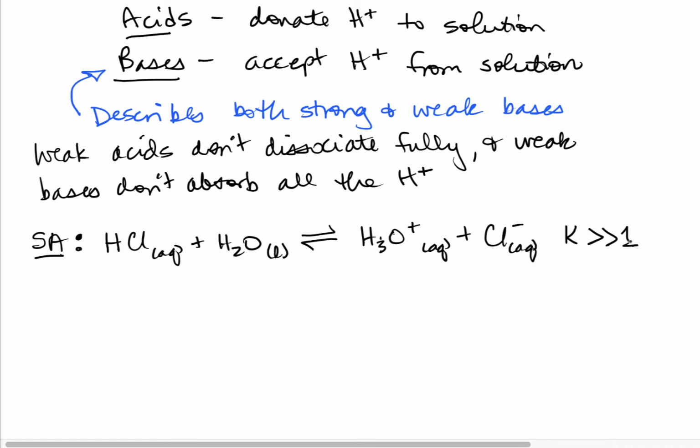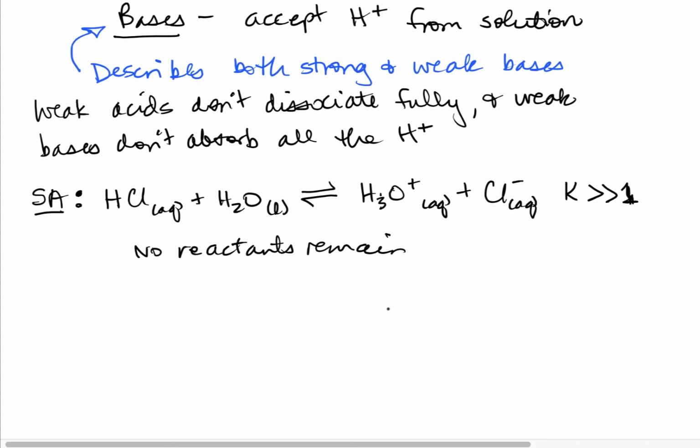I don't even think it's published. It's such a big number. It's probably like 10 to the 20th or something like that. Anyway, for shorthand, we just write K is much bigger than 1 to say that effectively no reactants remain. So that's a strong acid.